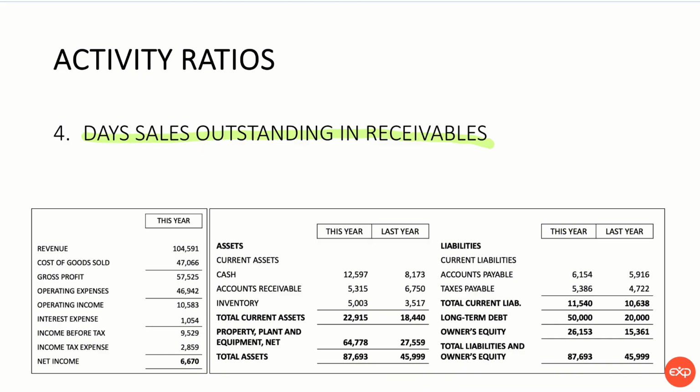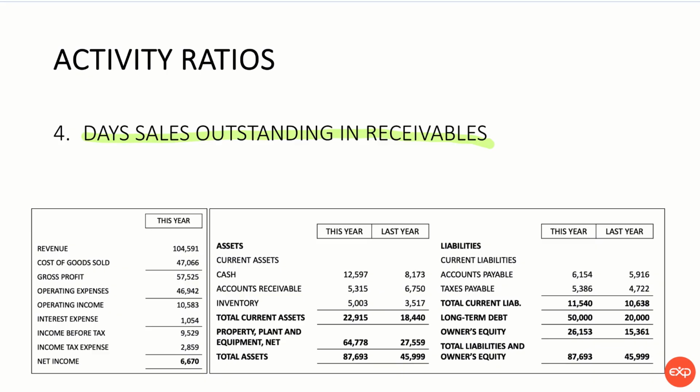The calculation between the turnover ratios and the days calculation is somewhat similar, except that the components are arranged differently. In the turnover ratios, we are looking at how many times an element turns over. So we're looking at how many times accounts receivable turns over, how many times accounts payable turns over.